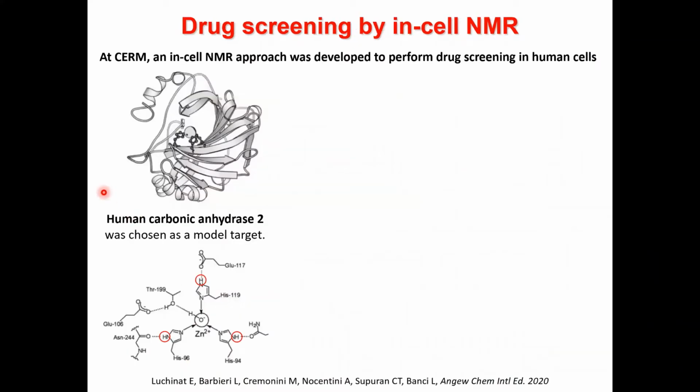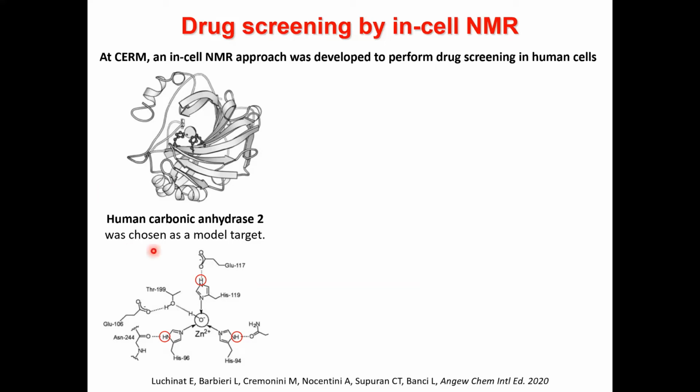To do that, we focused on a protein which is both a model system, because it's extremely well characterized, carbonic anhydrase 2, and also a pharmacologically relevant target, because CAs are involved in several pathological states, and there are huge libraries of inhibitors constantly developed for these proteins.